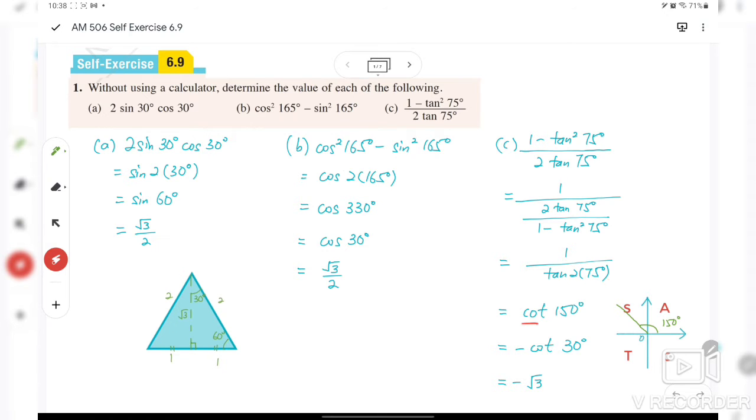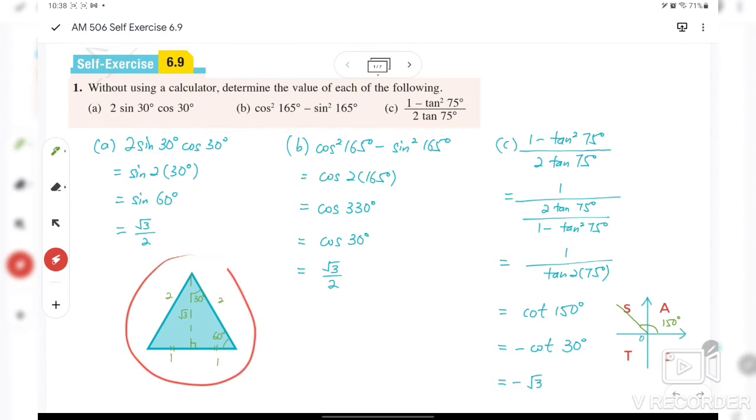So we have cotangent 150 degree. Cotangent 150 degree is in the second quadrant, so the corresponding reference angle here will be 30 degree. So we can change cotangent 150 degree to cotangent 30 degree with a negative in front. So we have negative of cotangent 30 degree.